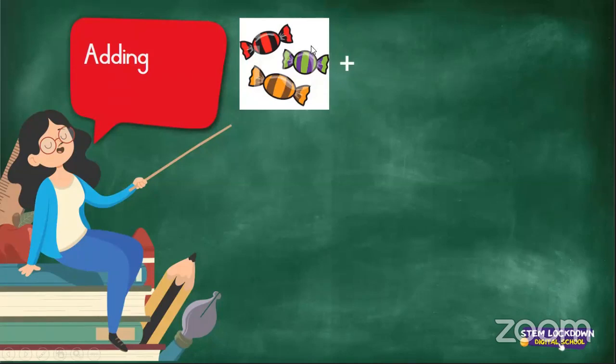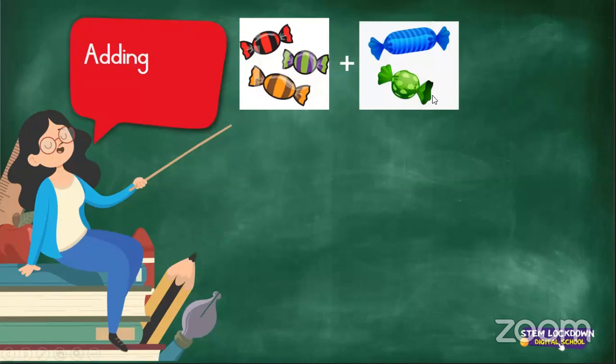Good. So we are going to add 3 sweets plus 2 sweets. 3 sweets plus 2 sweets equals how many sweets, grade ones? 5. Good. 5 sweets.